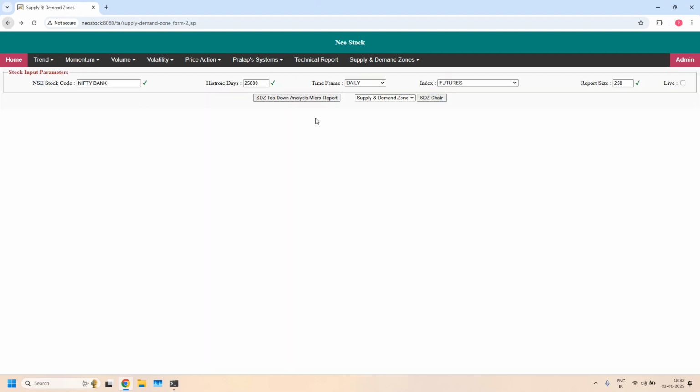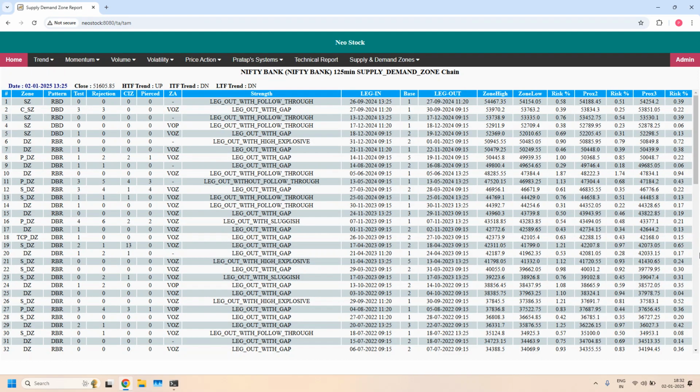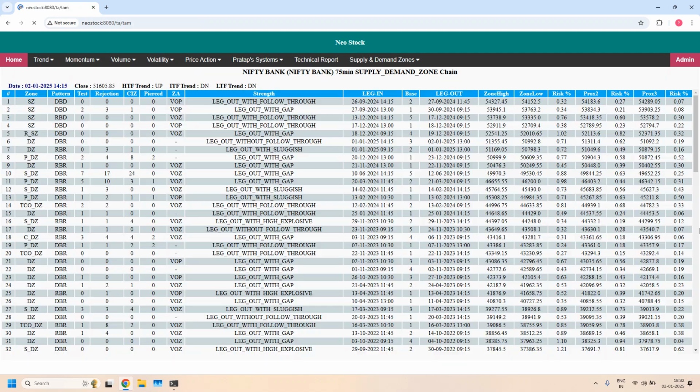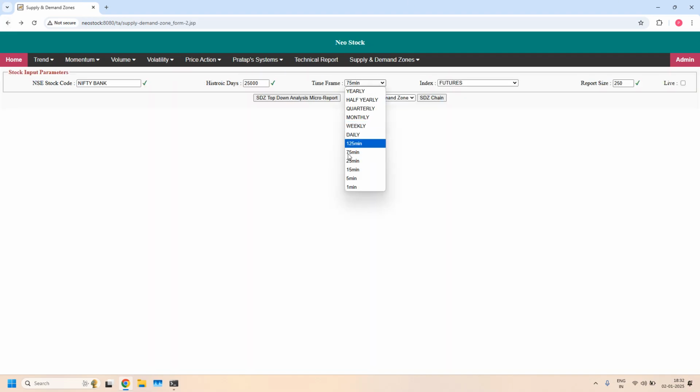Okay, next report, 125 minutes supply demand zone chain for BANKNIFTY. Next, 75 minutes supply demand zone chain for BANKNIFTY. Next, 25 minutes supply demand zone chain for BANKNIFTY.